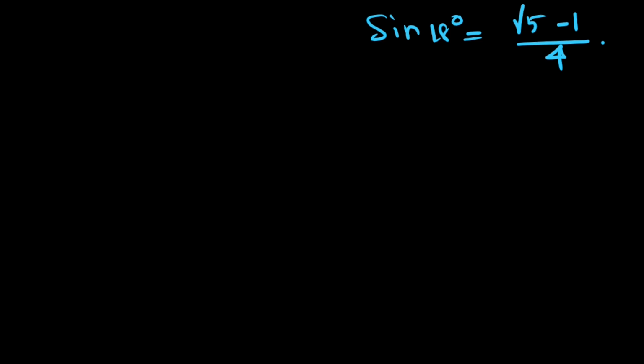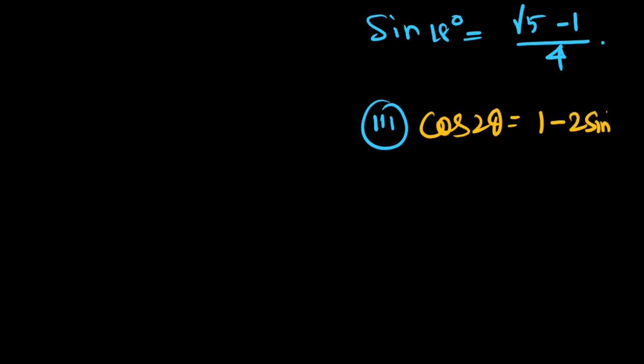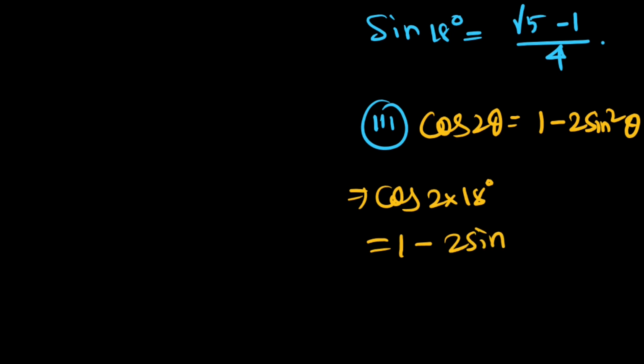So we use another identity here, the third identity: cos 2 theta is equal to 1 minus 2 sin square theta. So we need cos of 36, and we have sine of 18. So cos 2 into 18 degree is equal to 1 minus 2 sine square 18.